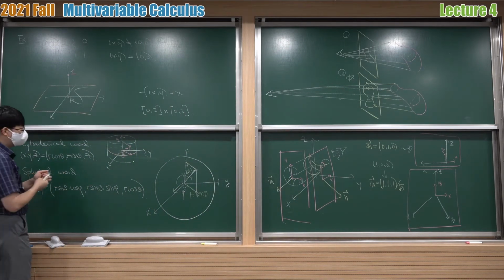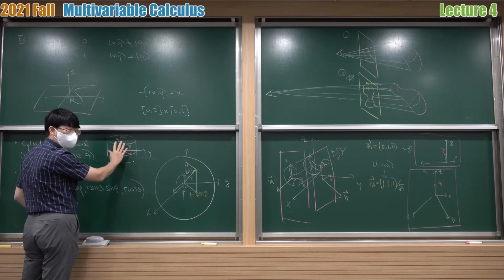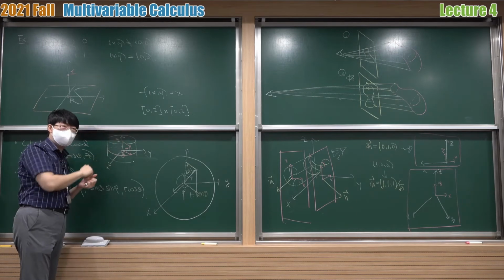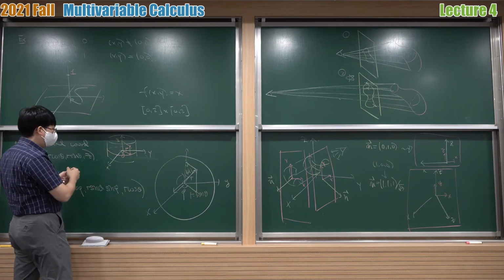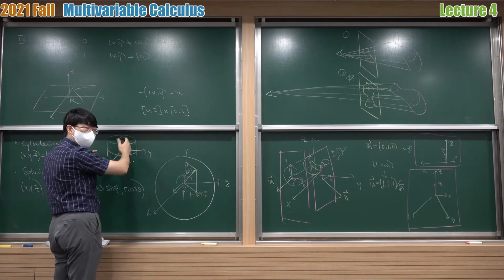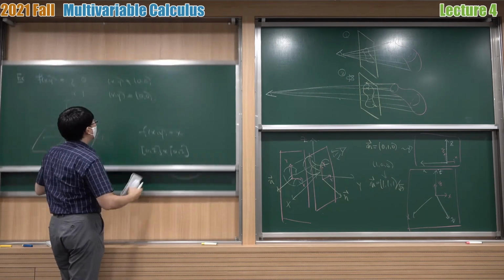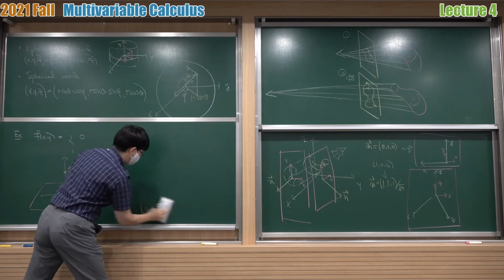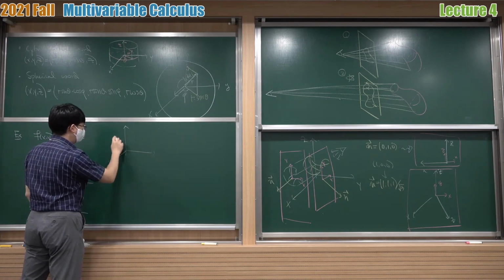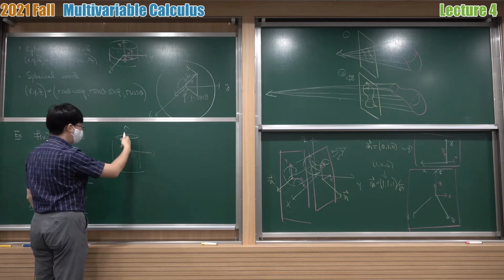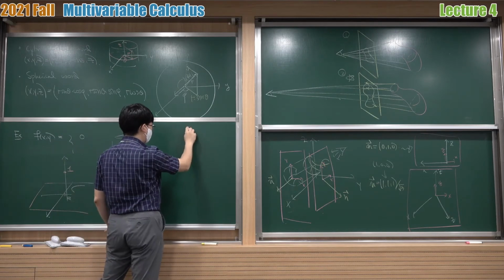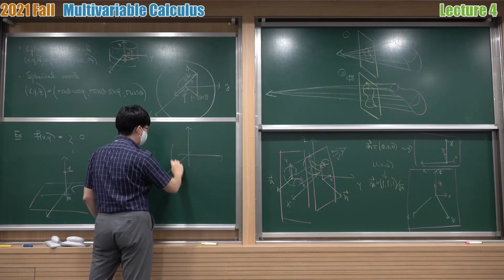One is rotating about the z-axis, like you're turning your cylinder here, and the other is rotating about the y-axis. Supposing that you have two kinds of cylinder: one is parallel to the z-axis, and the other is parallel to the y-axis.